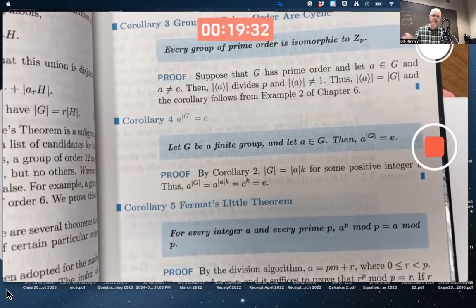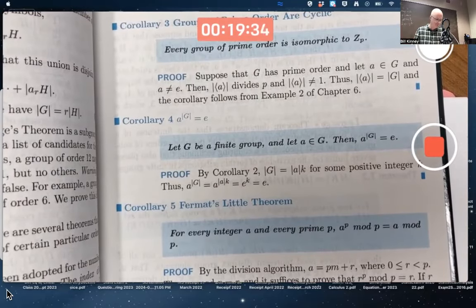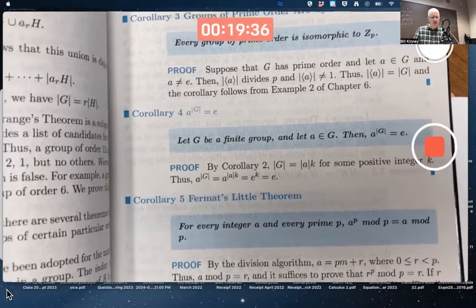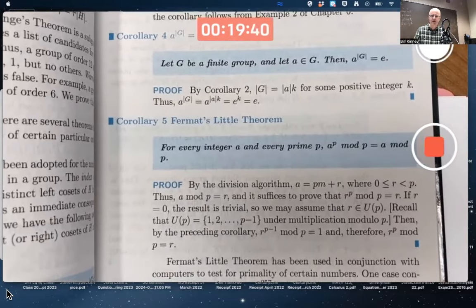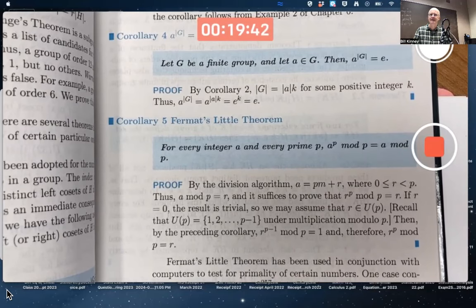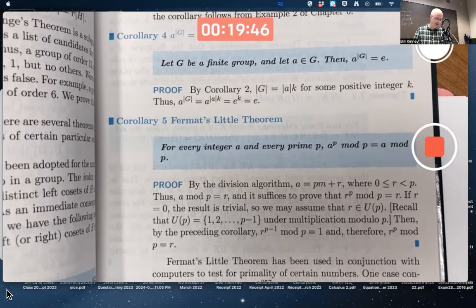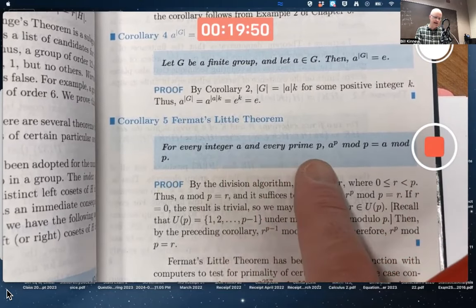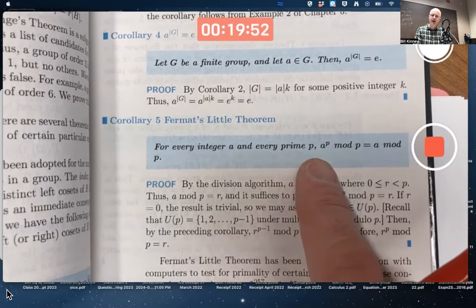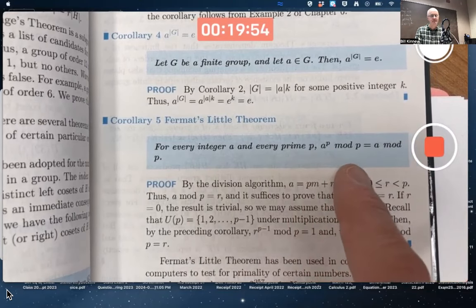All these corollaries are examples of things that could show up on the exam. Although probably not corollary 5, Fermat's little theorem. For every integer a and every prime p, a to the p power mod p equals a mod p.